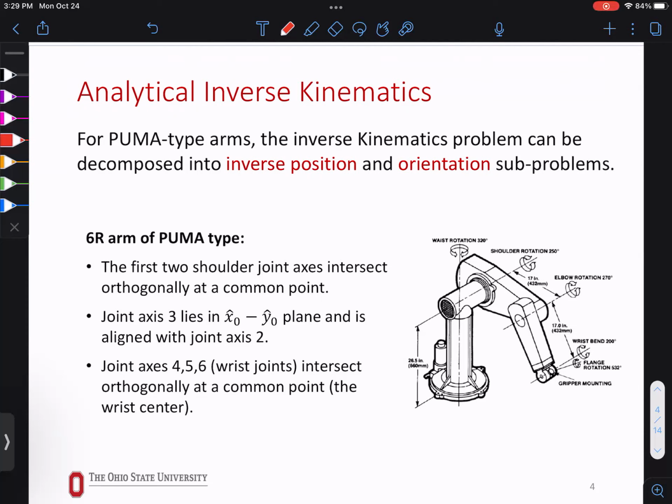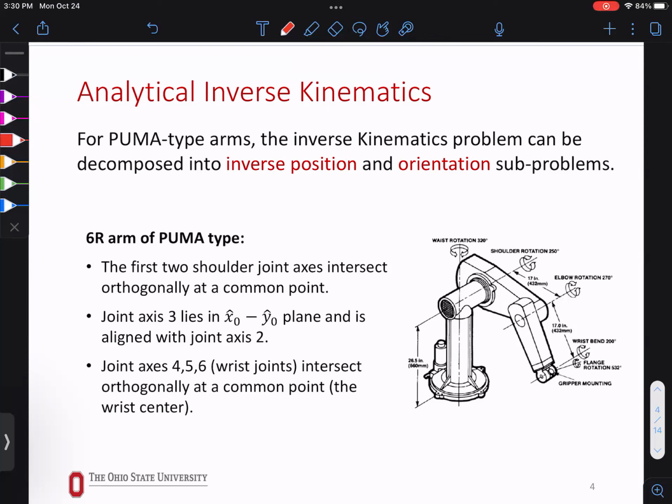When we think about the analytical method of solving inverse kinematics, we will divide it into two different problems. We will solve the inverse position and the inverse orientation. So far, everything we solved with the geometrical method, we just talked about the position, right? Because the robots are usually simple enough that they are either planar or the plane is not too complicated, and you can predict the orientation just from the knowledge you have.